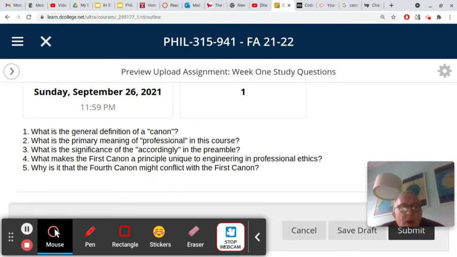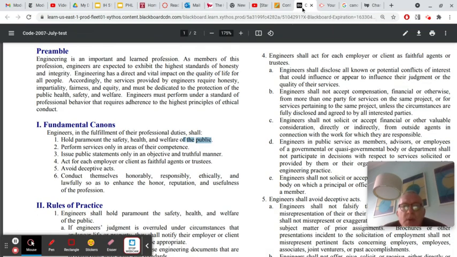And finally, number 5, why is it that the Fourth Canon might conflict with the First Canon? This is a subject which we will be exploring probably repeatedly, especially in the latter weeks of the class. But obviously, not so obviously, there are perhaps conflicting interests here. Not a conflict of interest, but conflicting interests.